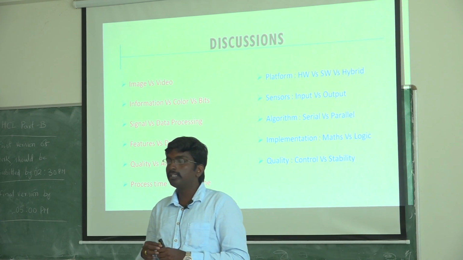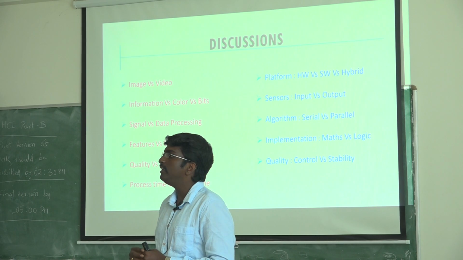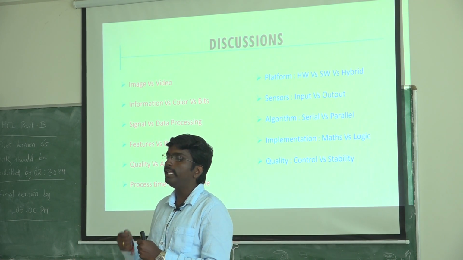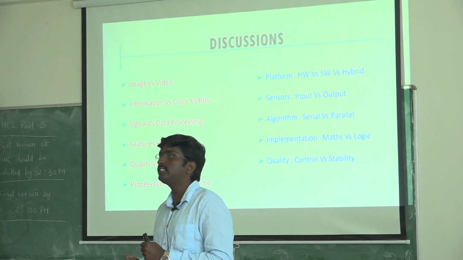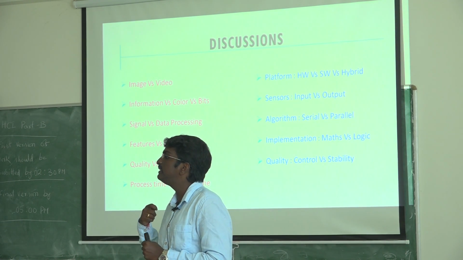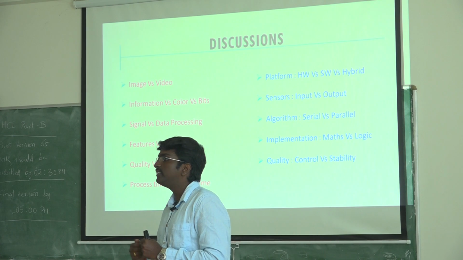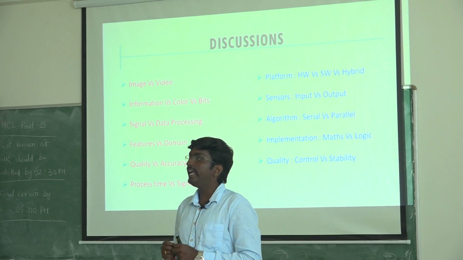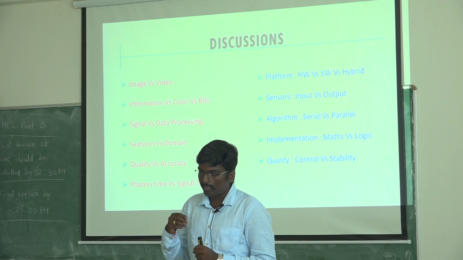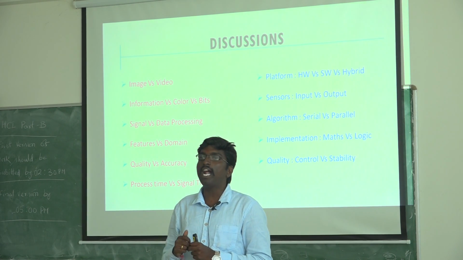The next is quality, which is about the controllability and stability of the function and the algorithm: how controllable or how stable the function is for the given set of inputs. This entire flow is for hardware functionality.